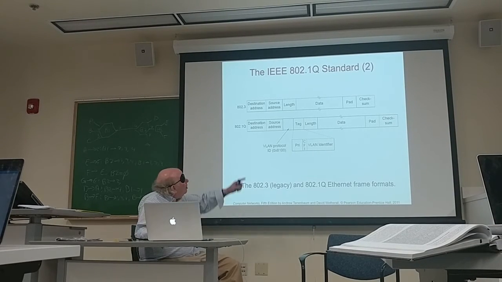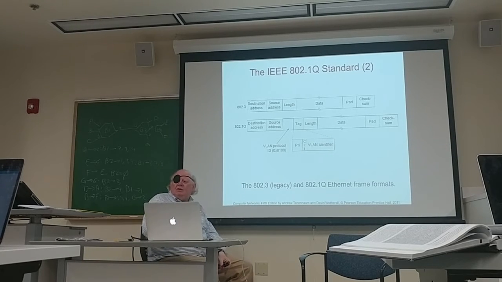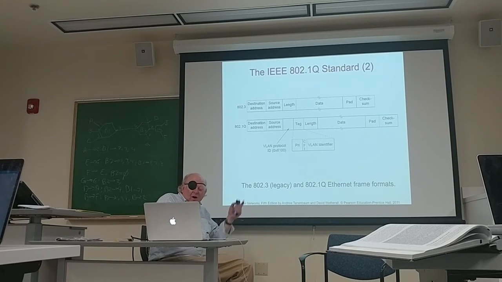By looking at those bits, if the bits where the length field was are greater than 1,500, then you know this is a VLAN aware device, and you parse it as a tag. Now, you have 12 bits of VLAN ID, in other words 4096.